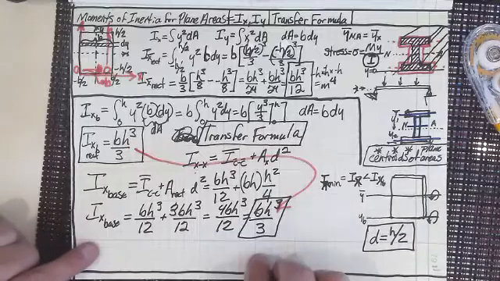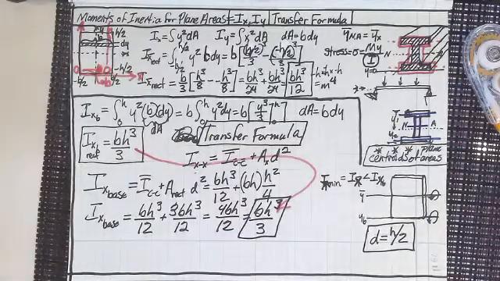The next lecture, I'm going to look at deriving the moment of inertia for a triangle about its base. And then we're going to use the transfer formula to transfer that to its centroidal axis and find out what the minimum moment of inertia is going to be for a triangle.